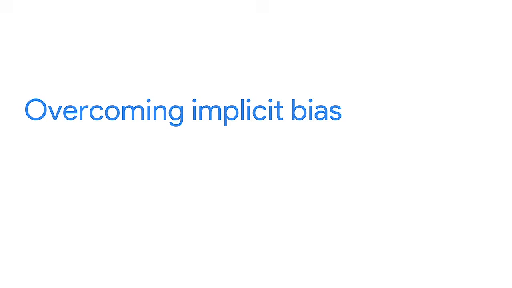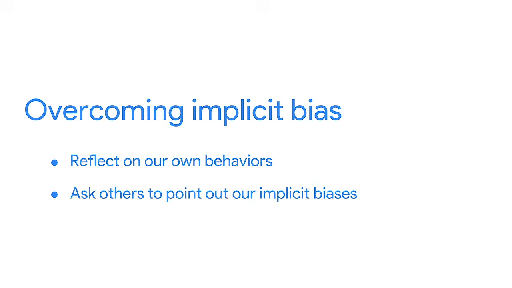Both of these scenarios are problematic and lead to a lack of representation in our research and design process. The most important thing to note about implicit biases is that everybody has them. To overcome our biases, we can reflect on our behaviors, and we can ask others to point out our implicit biases. That's one of the best ways we can become aware of our biases.